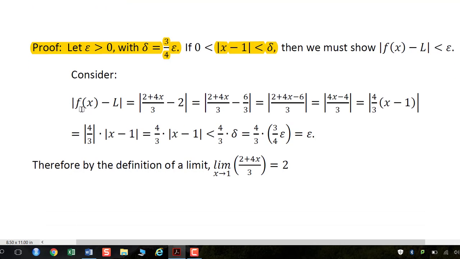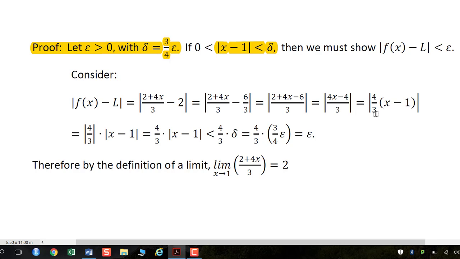So the absolute value of f of x minus L. We plug in f of x, (2 plus 4x) over 3. We plug in L, which is 2. Find a common denominator, combine the fractions, simplify.